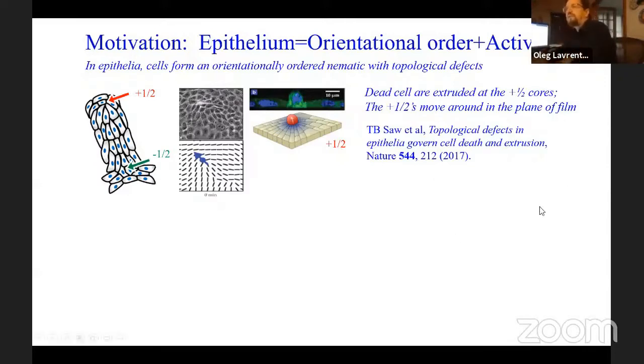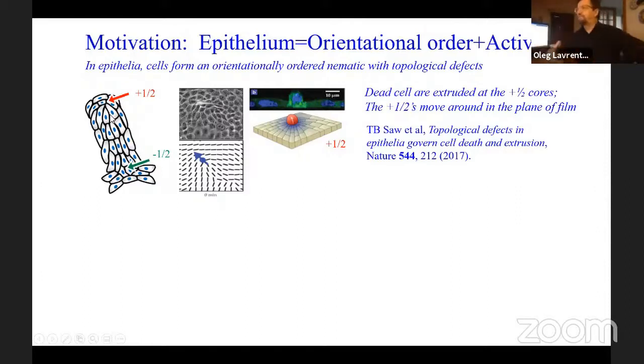So what you see on the left-hand side is a piece of the epithelium, and you see these elongated cells. And the cells form a pattern that is orientationally ordered. And in this pattern, you might see topological defects.